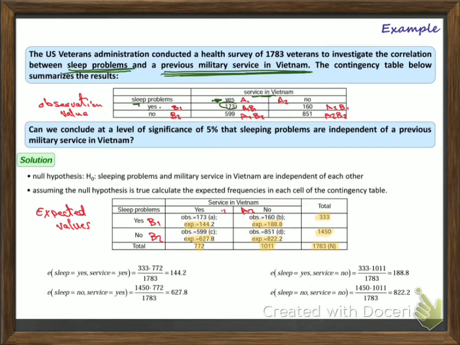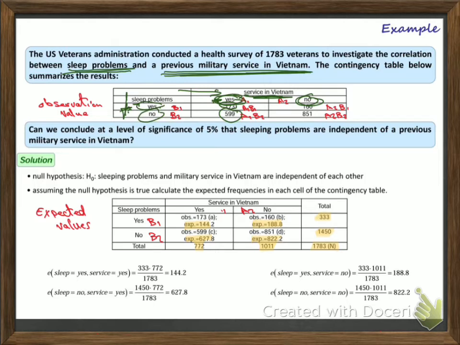And for the soldiers who have served in Vietnam and don't have a sleeping problem, their number is 599. So the x-axis here, this yes and no, is for the service in Vietnam. Yes, they have served in Vietnam, or no, they haven't served in Vietnam. The vertical column, the y-axis, is sleep problem. Yes, they have a sleeping problem, or they don't have a sleeping problem.